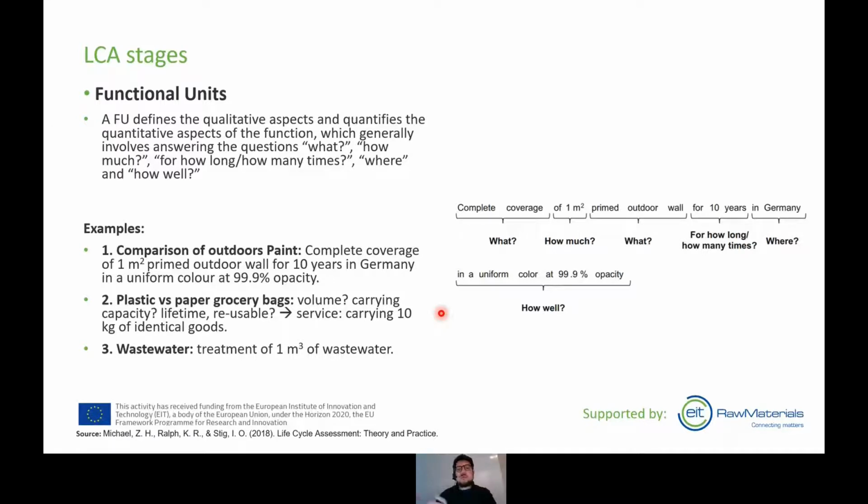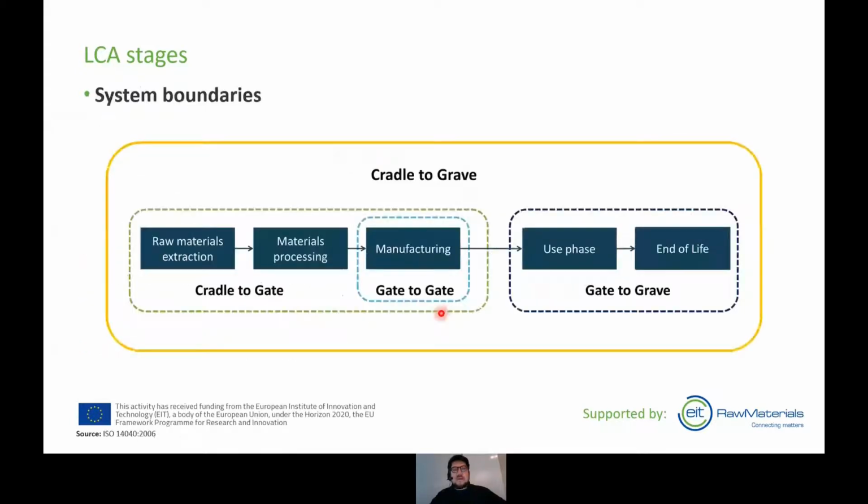In this case, it will be 1 cubic meter of water treated with certain characteristics or quality of the water, or the production of compost, or the production of 1 kilogram of metal recycled in the plant. So that's why we need to define exactly what we want to compare and define properly the functional unit. Now let's move back to the system boundaries, as I mentioned.